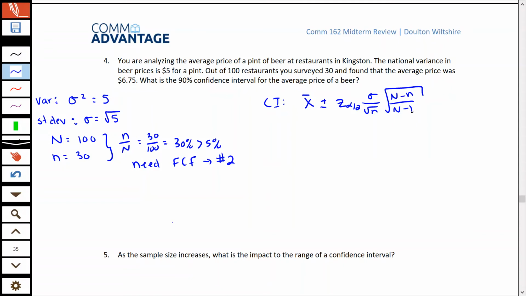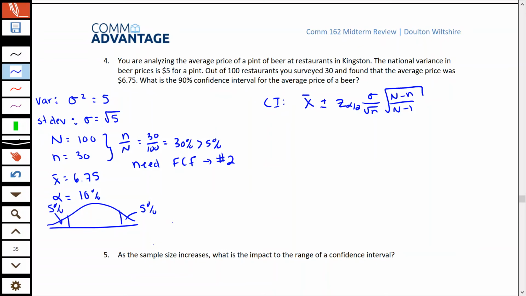So it tells us then that we found an average price of 6.75. So we have our sample average of 6.75, and it asks us for the 90% confidence interval. So if it's 90%, that means alpha is, oops, not 5%, it is 10%. Meaning, again, that we're going to split that alpha into the two tails, so we're going to have 5% in each tail.